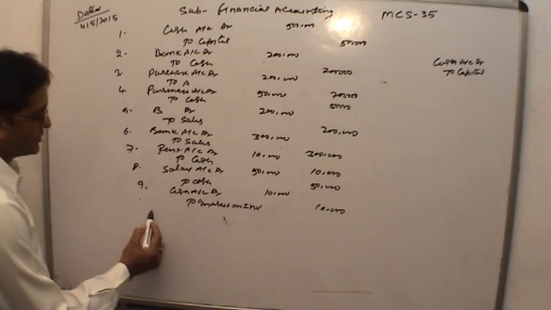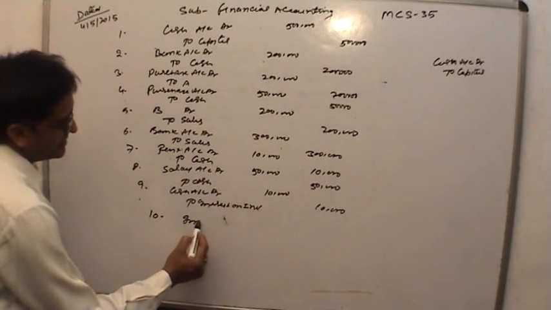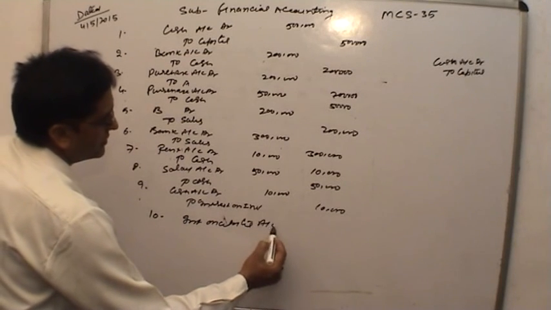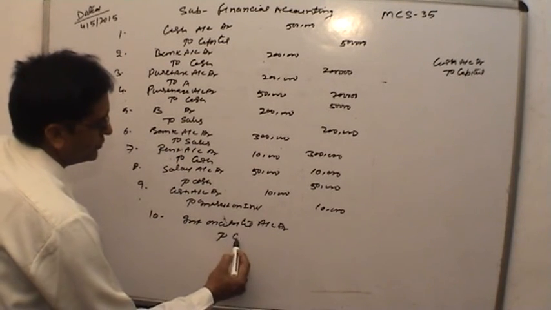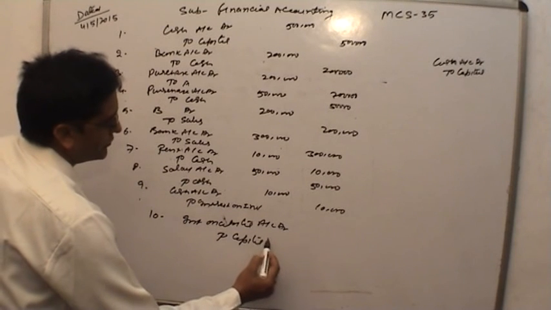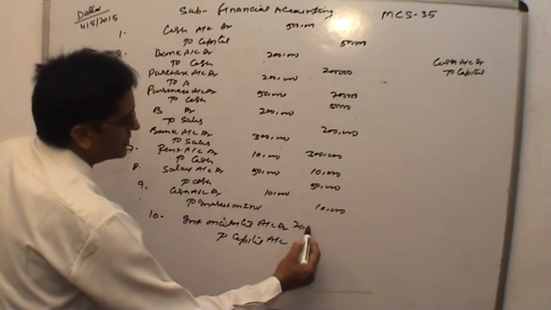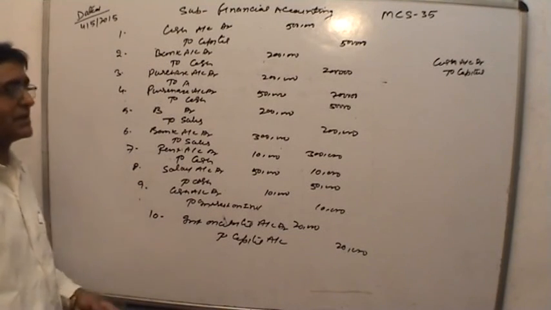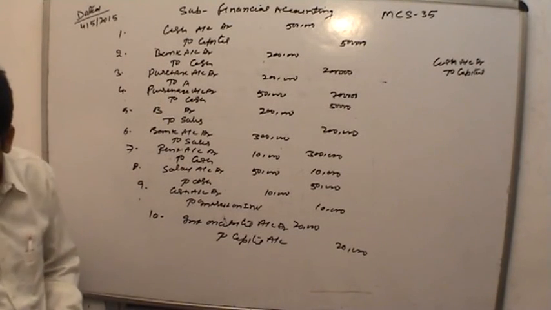So the transaction number 10, interest on capital account debit to capital account by rupees 20,000. So these are the journal entries of given transactions.